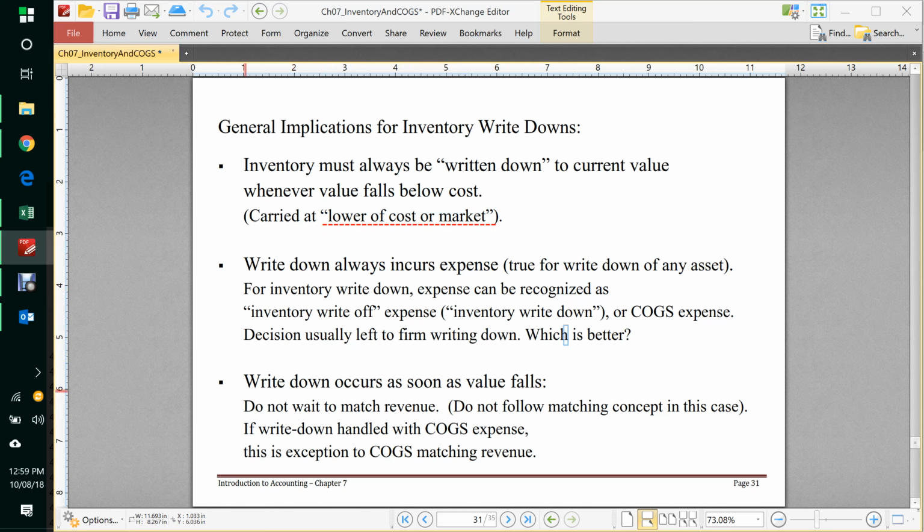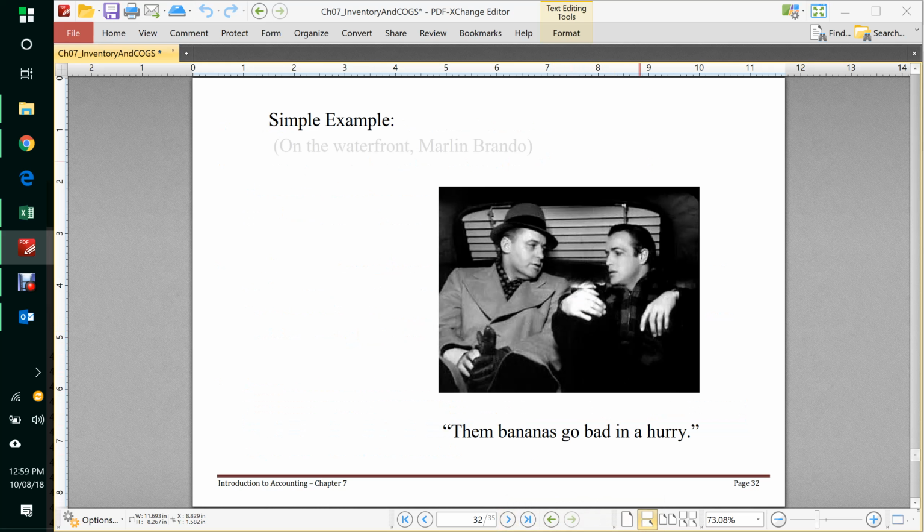Okay, and especially for inventory, for anything, but especially inventory, you want to write down as soon as the value falls. You don't wait until you match the revenue, right? This is part of being conservative, okay? So as soon as the value of inventory falls, you write it down, okay? All right, so here's another simple example.